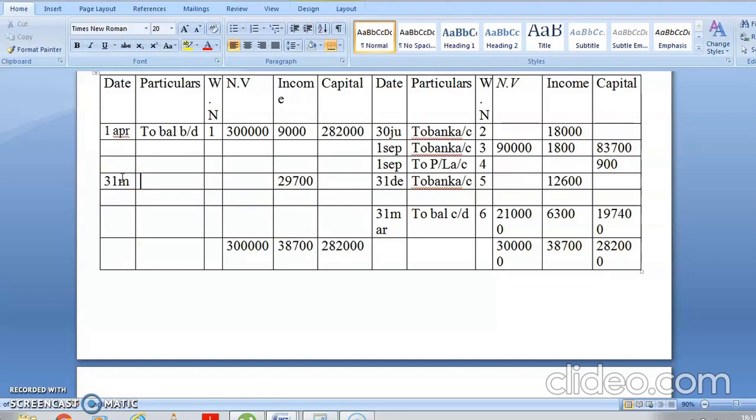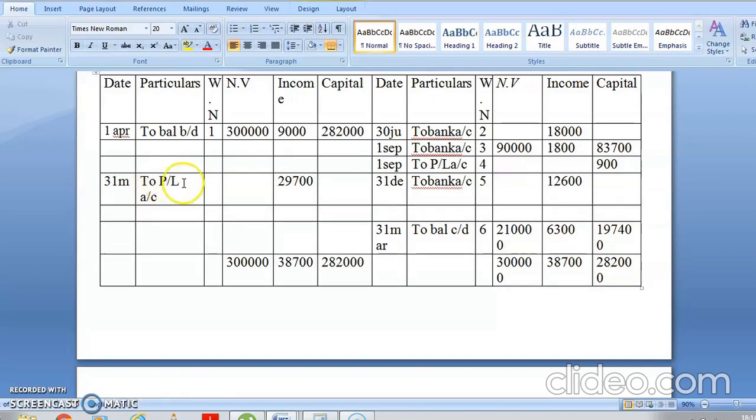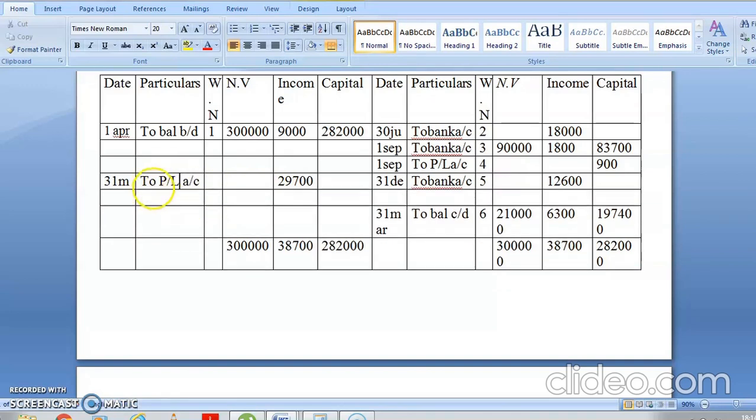It will be going to which account? To profit or loss account. Am I correct? So it is going into profit and loss account. Okay, so this is going to profit and loss account.